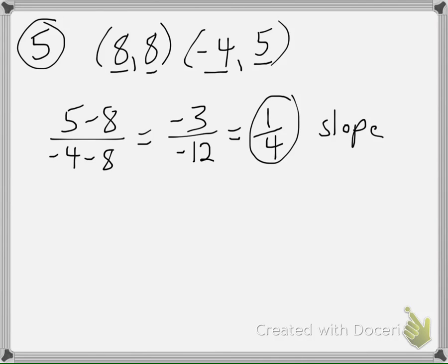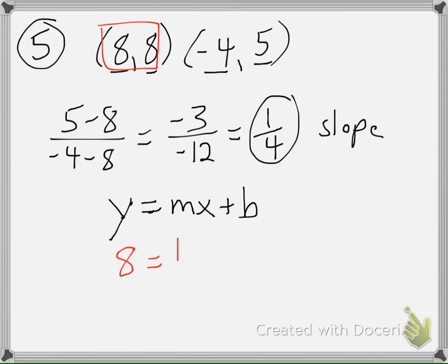I'm just going to do it in slope-intercept form this time. So plugging in, I have y equals mx plus b. I'm going to pick an x and y. I'm going to use (8, 8) because that conveniently has my x and y being the same thing. So I'm going to say 8 equals 1/4, my slope, times 8, my x value in that pair, plus b.